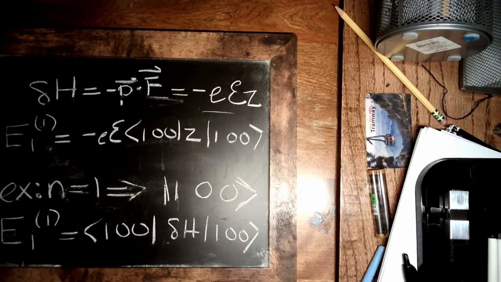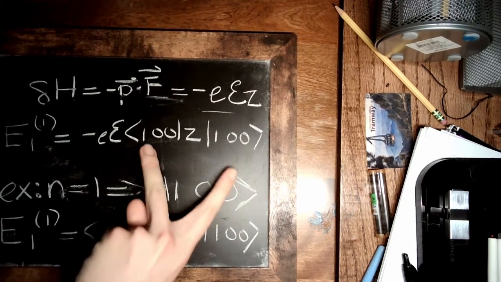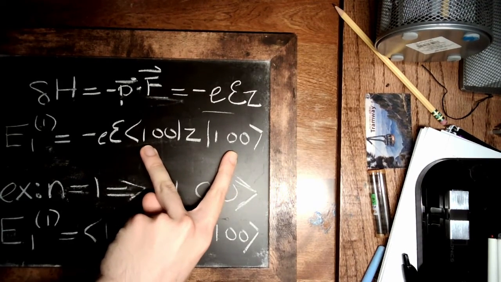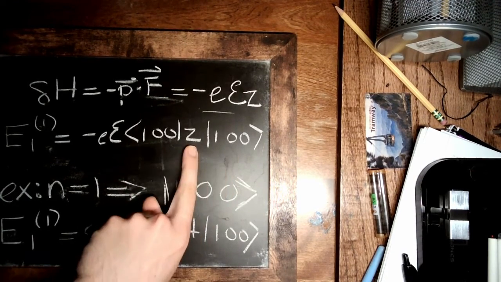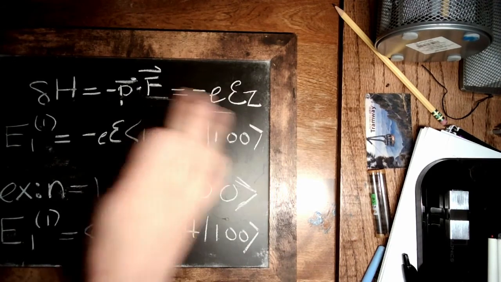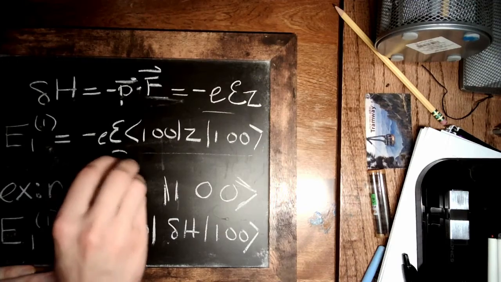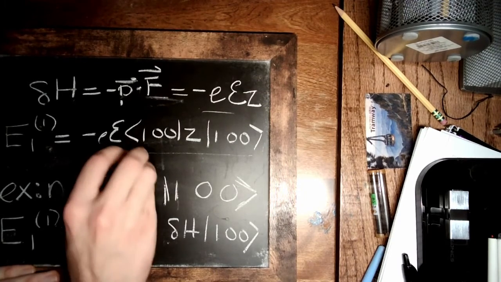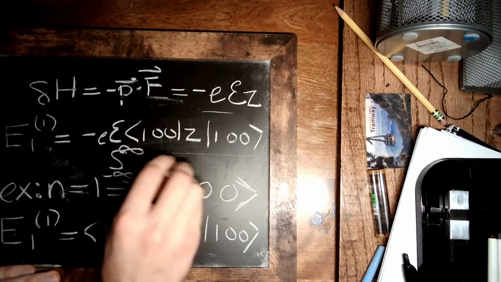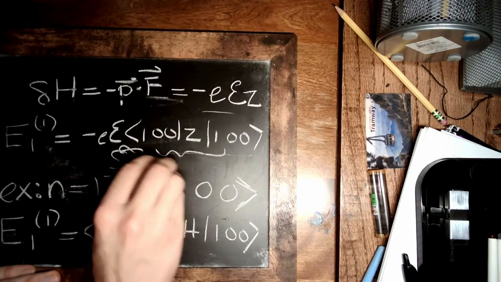Now, what's interesting about this is this will end up being an even function, and this will end up being an odd function. So the whole thing will be odd. And what this matrix element means is to integrate from minus infinity to infinity whatever's inside over volume.